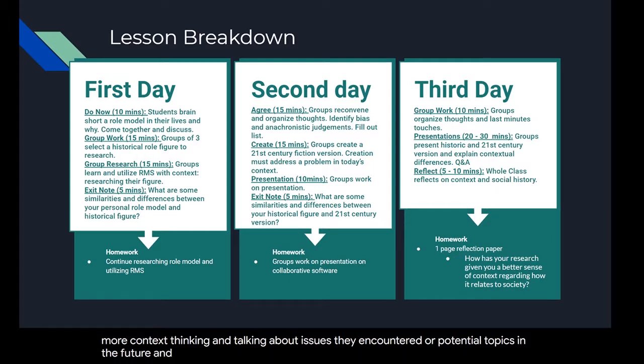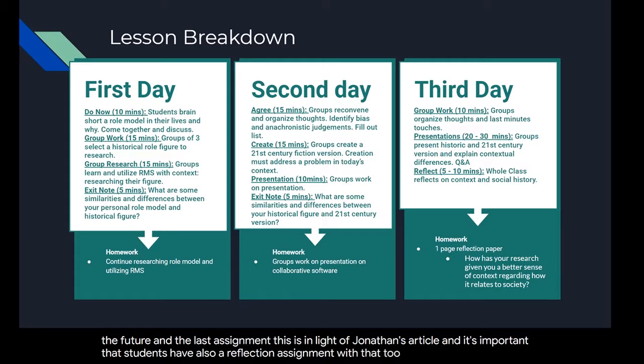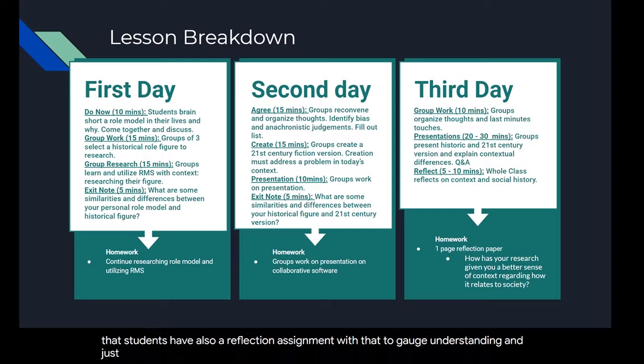And the last assignment, and this is in light of Jonason's article. So when there's active learning, it's important that students have also a reflection assignment with that to gauge understanding and just retained information.